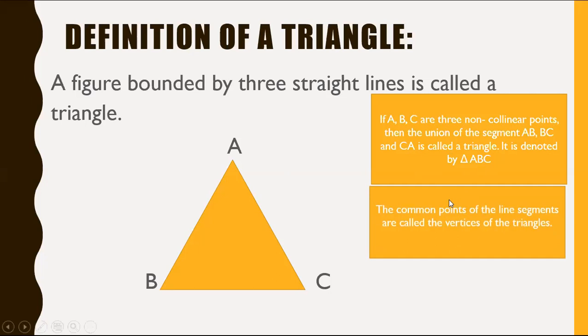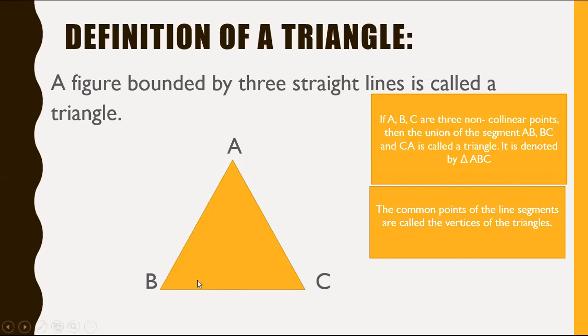And the common points of the line segments. Here you can see that this is the line segment AB and this is the line segment AC. So the common point between these two lines is A. Common means it is in both the line segments. A is in both the line segments, so it's the common point. So the common points of the line segments are called the vertices of the triangle.